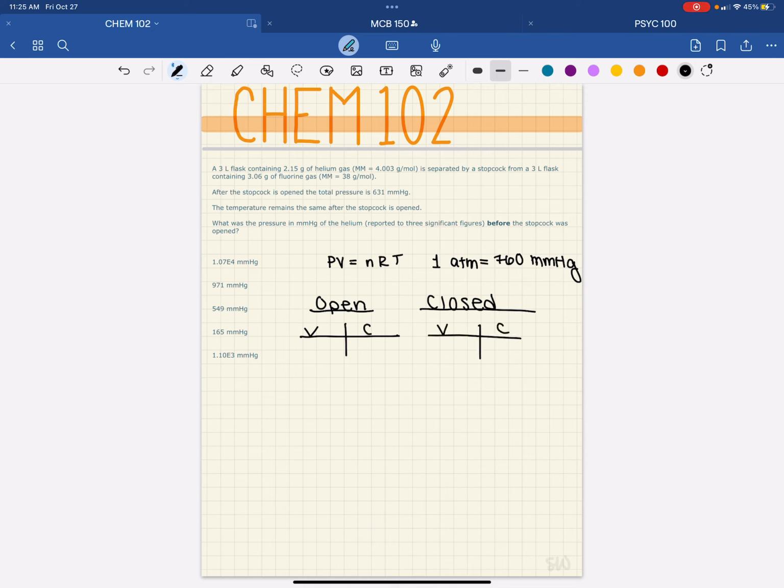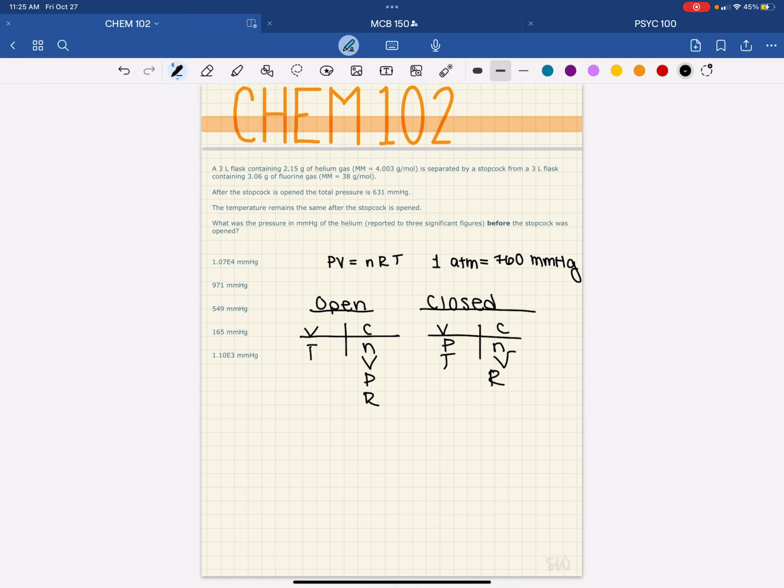So in the open system, I am given the moles, the volume, the pressure, and the constant, and I don't have T. In the closed system, I don't have P, I don't have T, I have N, I have V, and I have R.